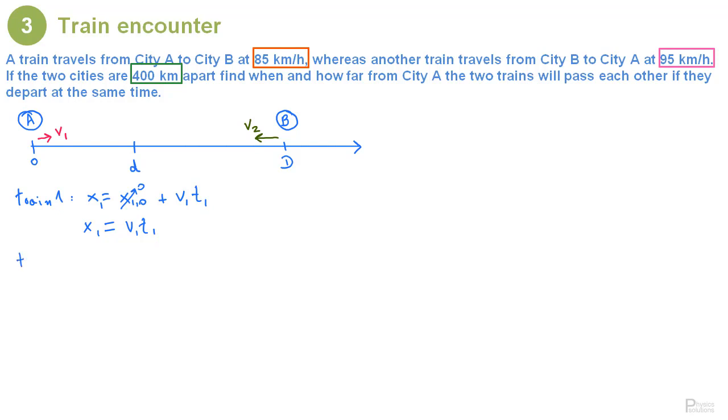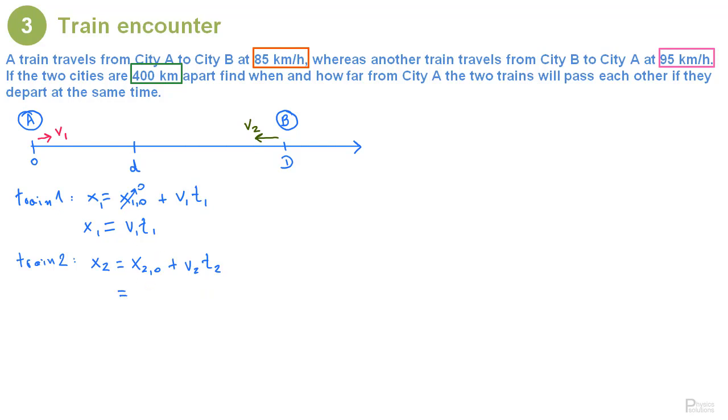Let's now look at train 2. For train 2, we have exactly the same equation, but we add a subscript 2 everywhere. This will be x2 0, the initial coordinate of train 2, plus v2 times t2. Now we cannot set this term to 0.